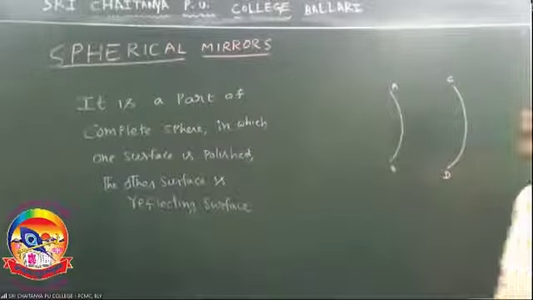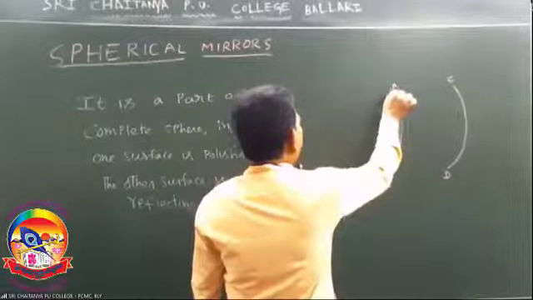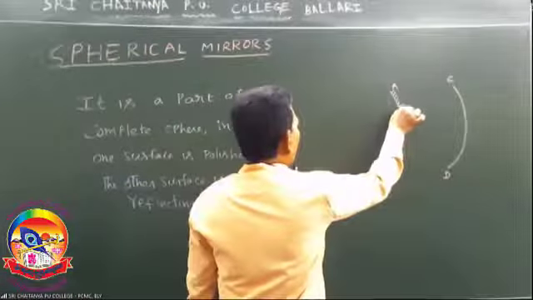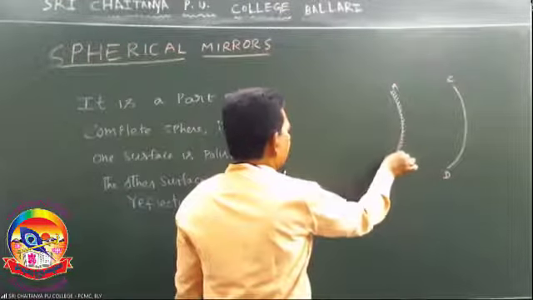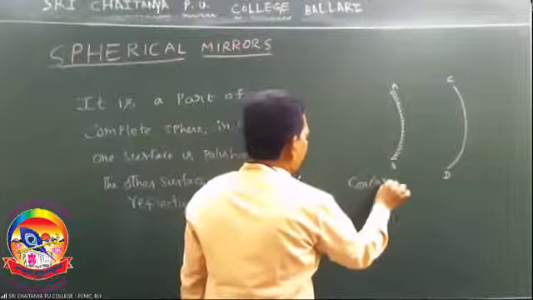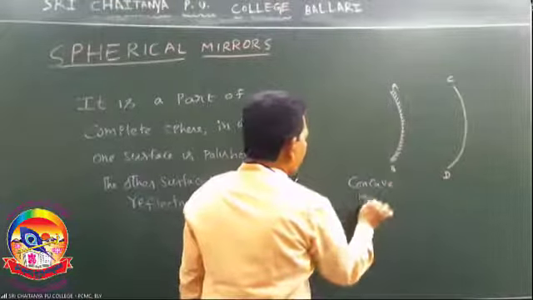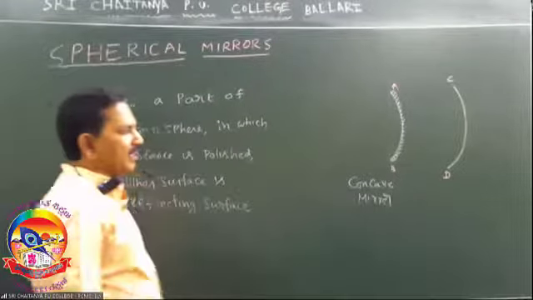So, one surface is polished. If I polish the outer surface, away from the center, this is called a concave mirror.